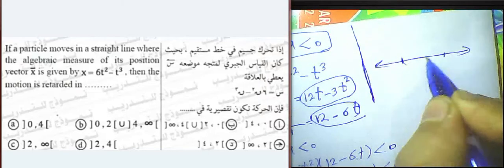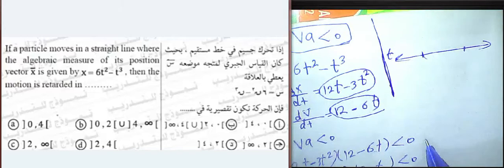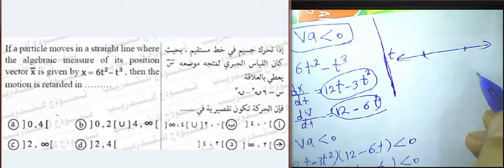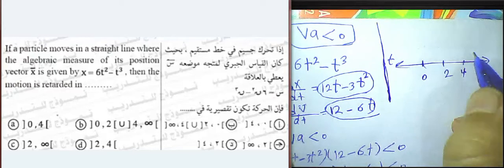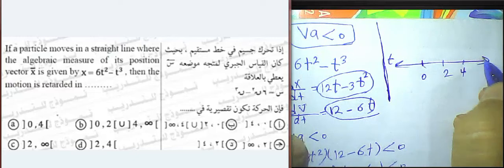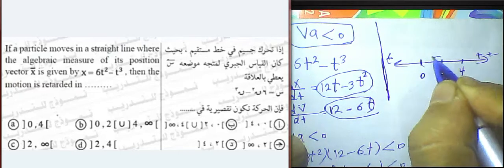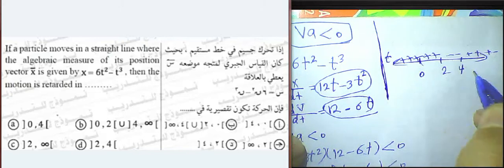Negative multiplied by negative equals positive, so we can draw this straight line with t equal 0, 2 and 4. We write 0, 2 and 4 here. Negative multiplied by negative equals positive, so the sign here will be positive, and here positive, and inside them negative.